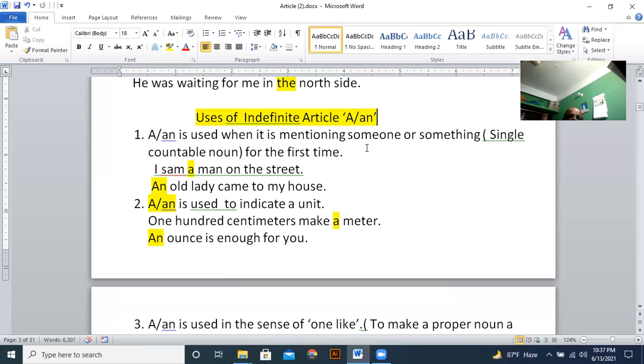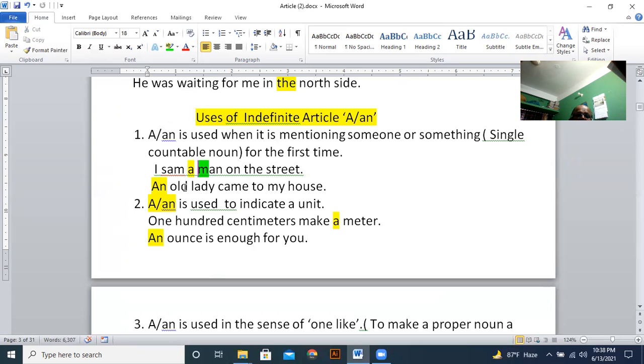Now look, I saw a man on the street. Here, man is a noun, and before the noun you have to write a or an. Here man starts with a consonant, so before a consonant we have to use a.